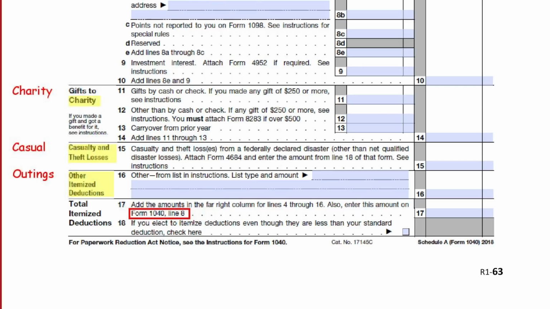So we know that on Form 1040 line 8, the taxpayer has an option of either taking a fixed dollar standard deduction or using itemized deductions. If the taxpayer goes in for itemized deductions, the taxpayer needs to fill out this Schedule A, which we summarize using our mnemonic: Mike takes interest in charity and casual outings.